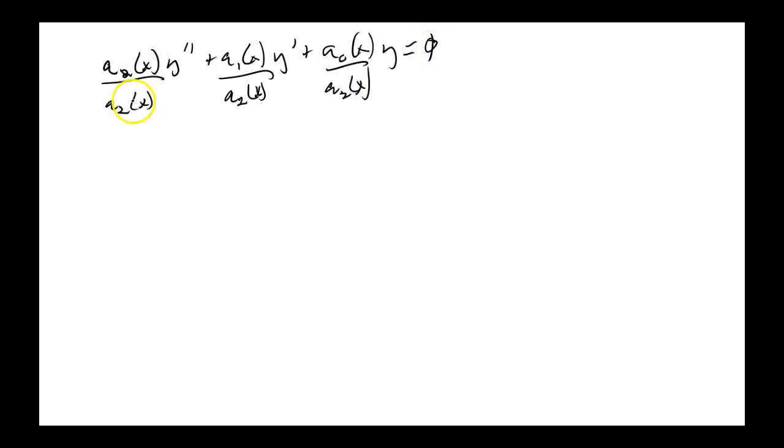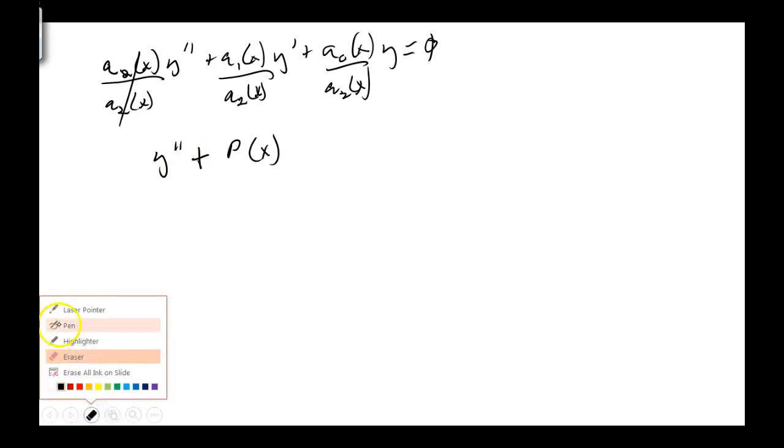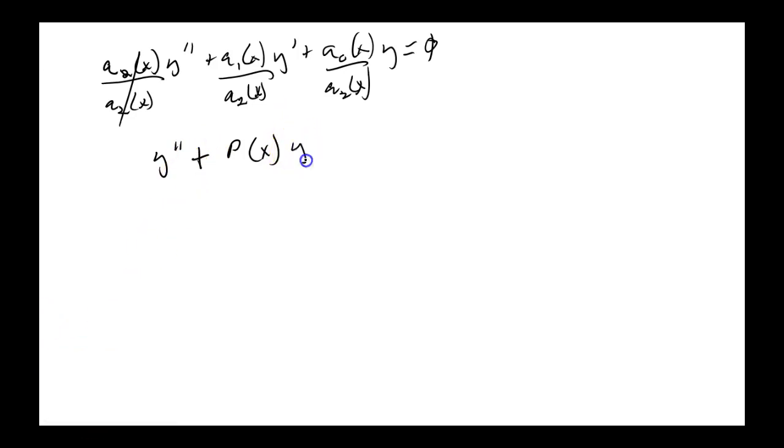Okay? So what you have now is y double prime plus some p of x, y prime plus some q of x, y, and that's equal to 0.